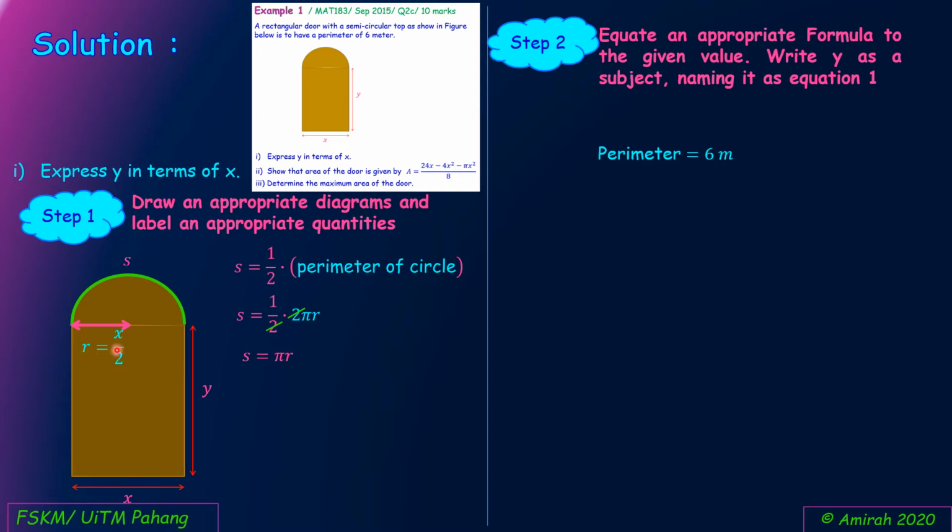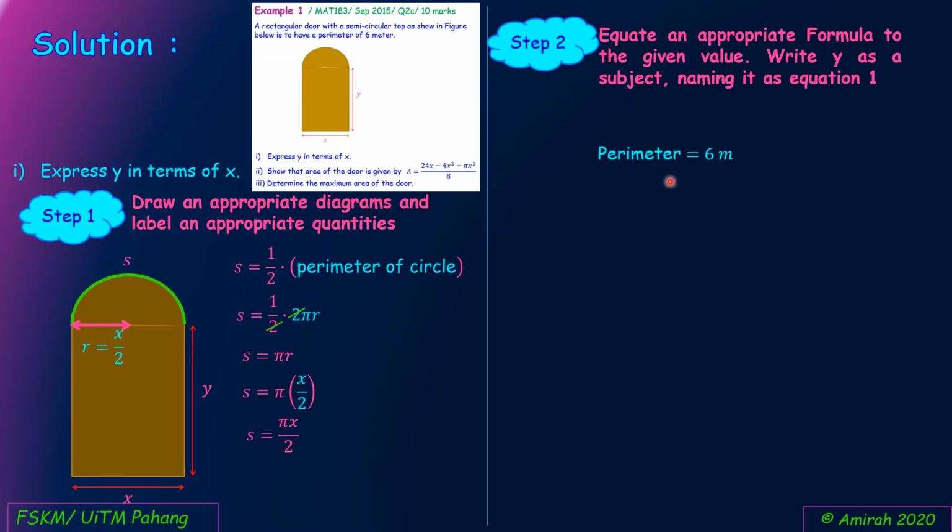We can write r equals x over 2 because the diameter of the circle equals x. Then we get S equals pi times x over 2, so S equals pi x over 2.